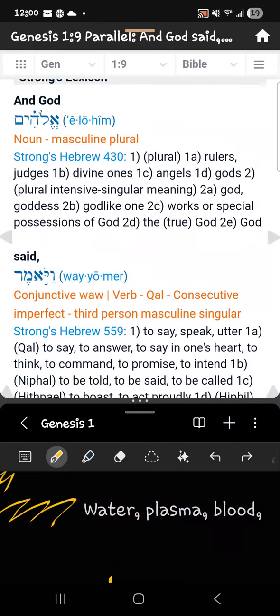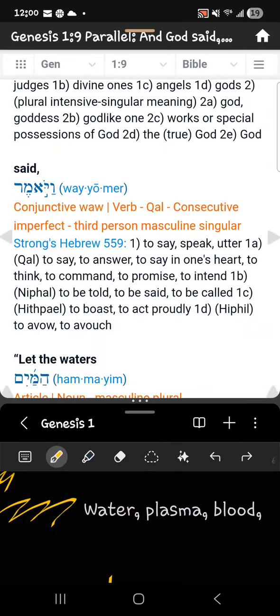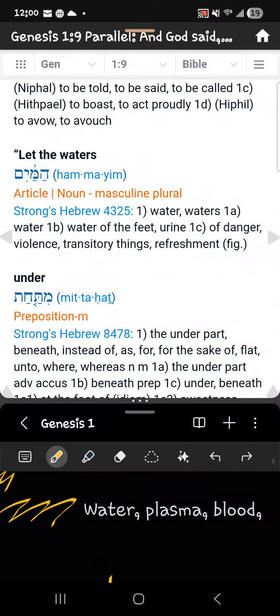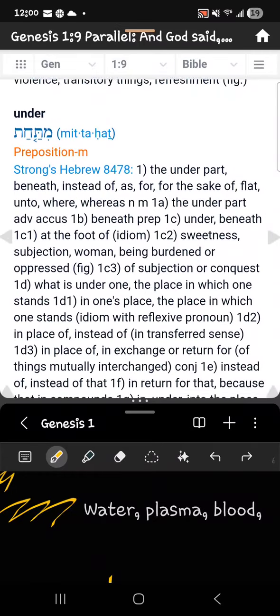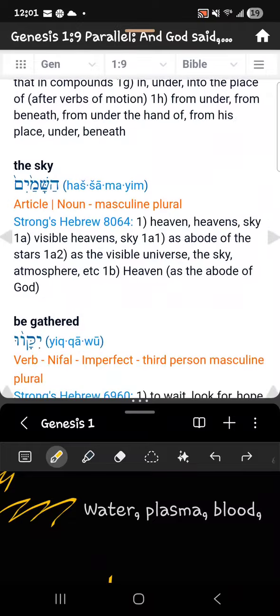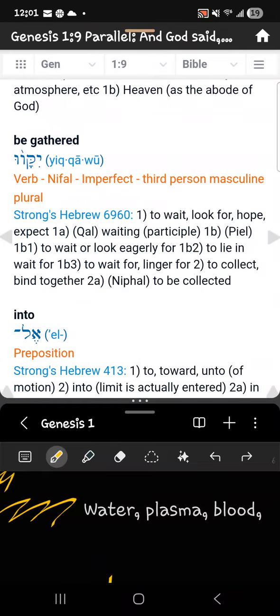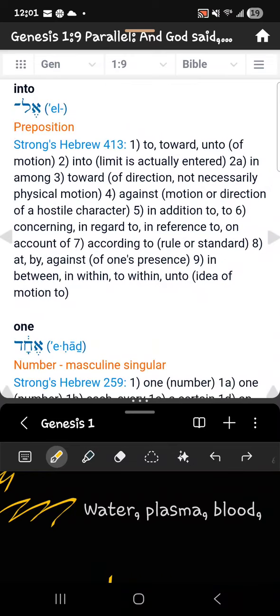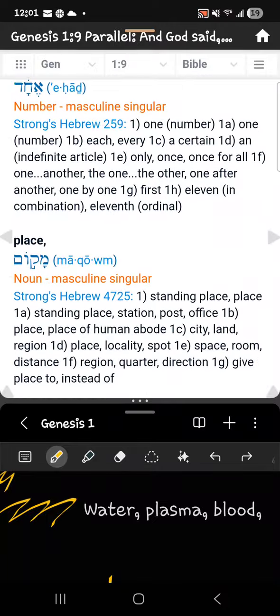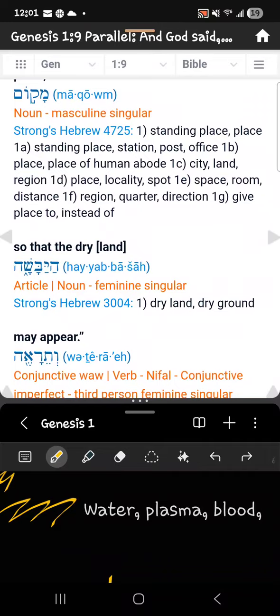And Allah Hayam wa ya Amar, and he said, Hamayim Mathachath, let the waters underneath Hashamayim Waqawaw, all right, to look for, or hope, to wait, to expect, to be one in one place, so that the dry land may appear.